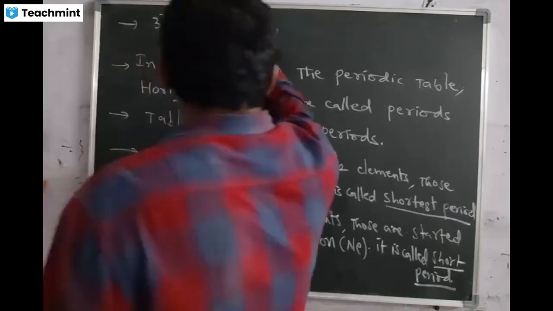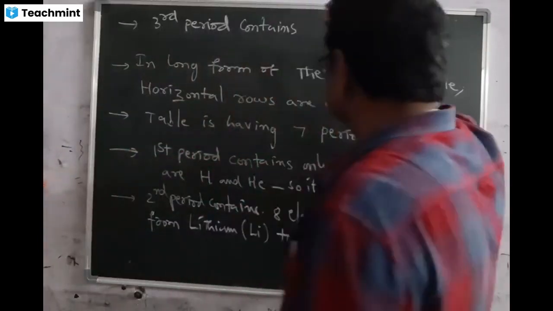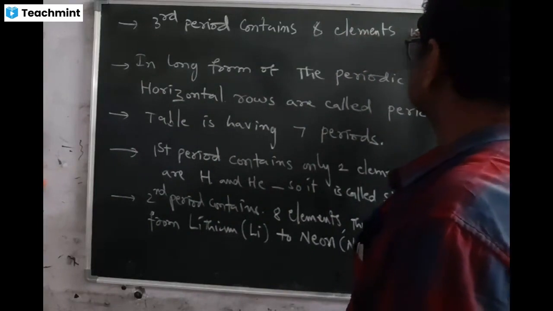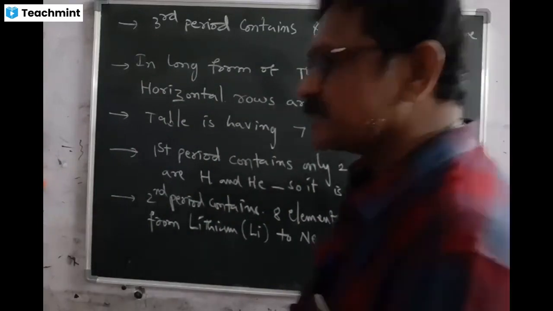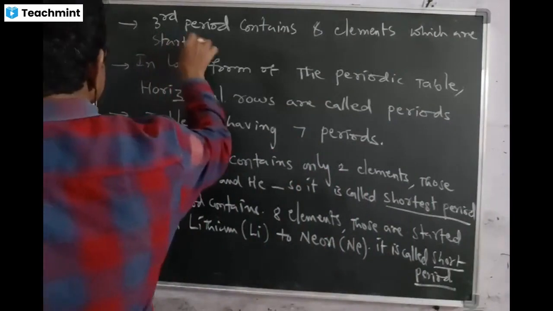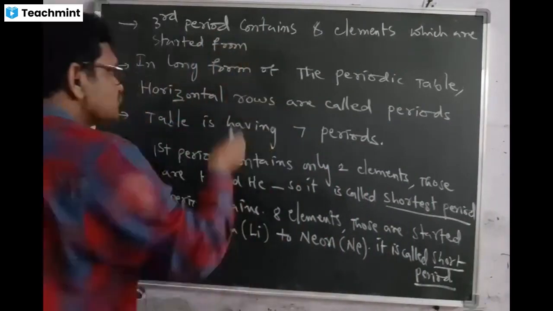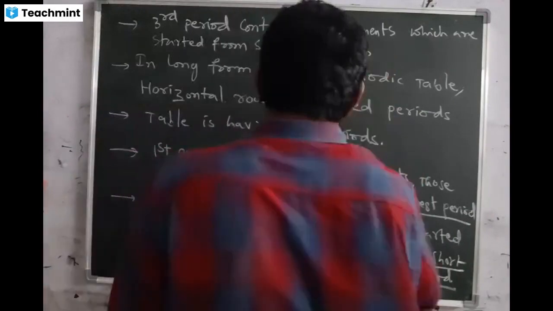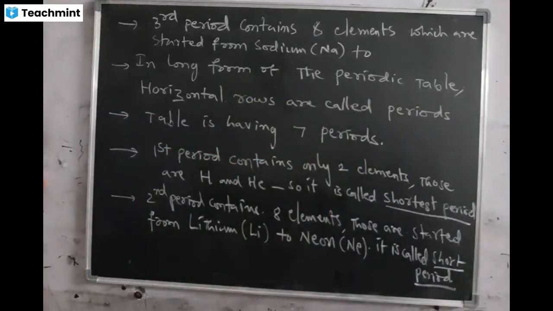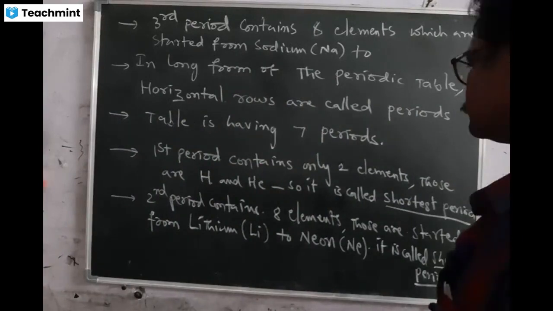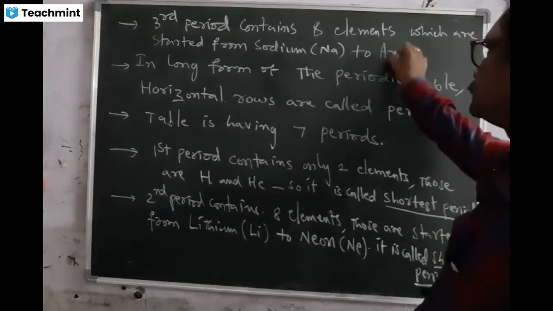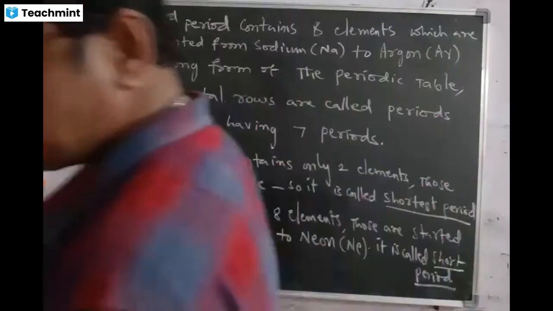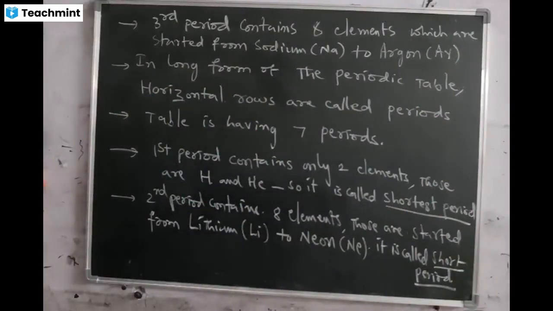The third period contains again 8 elements, only 8 elements, which start from sodium, symbol Na, to argon, symbol Ar.